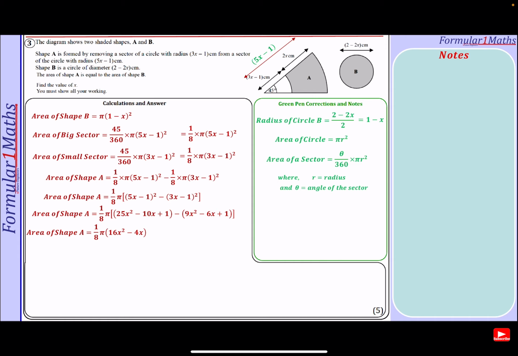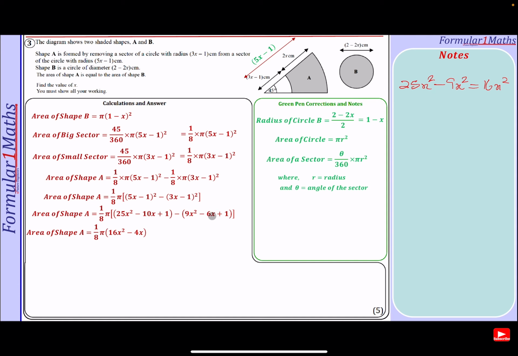Be careful here. So let me show you how we got this from here, this step. 25x squared minus 9x squared is equal to 16x squared. Then minus 10x minus 6 will be minus 10x plus 6x.